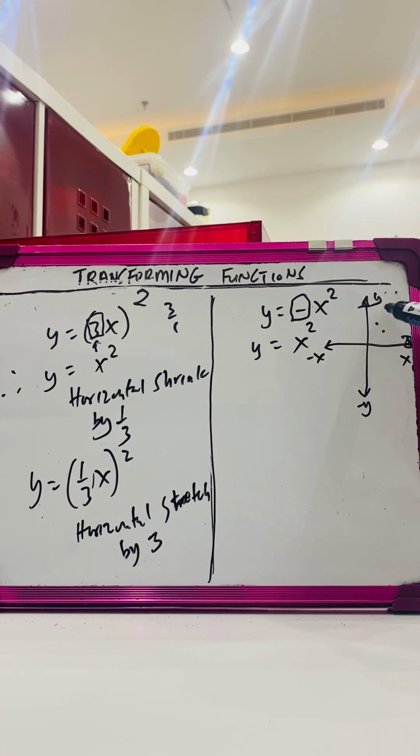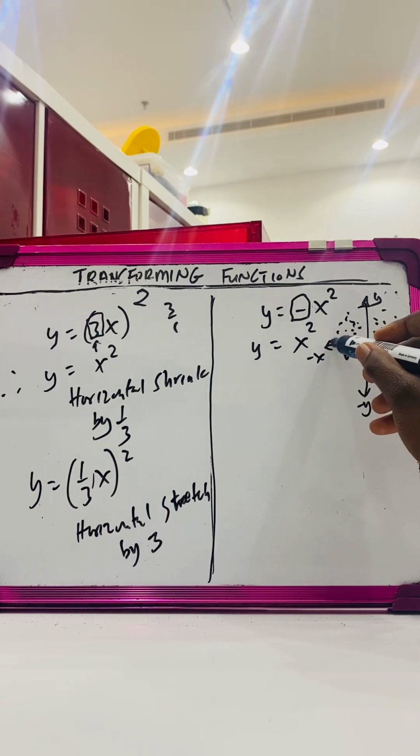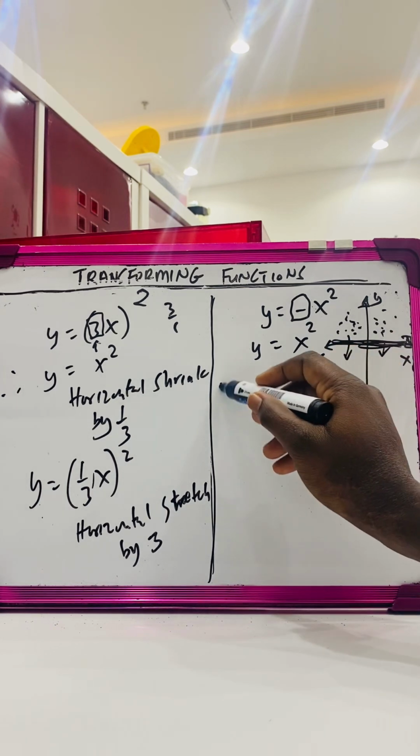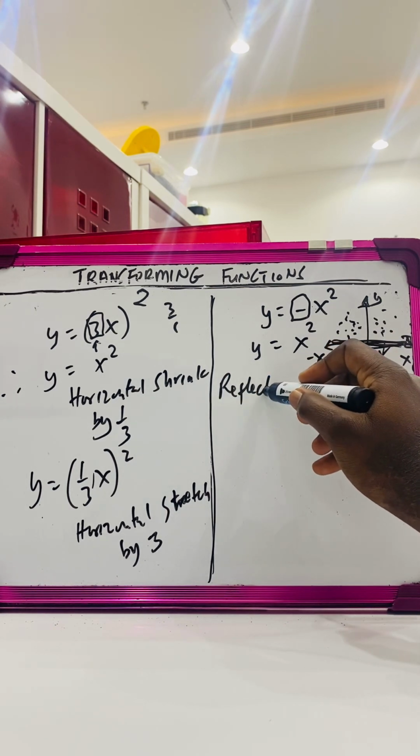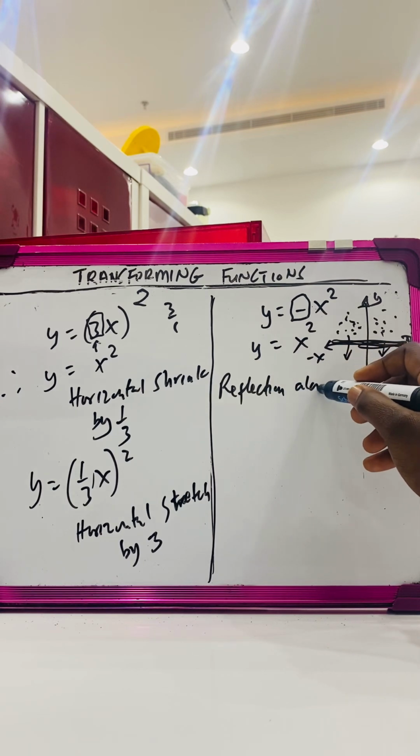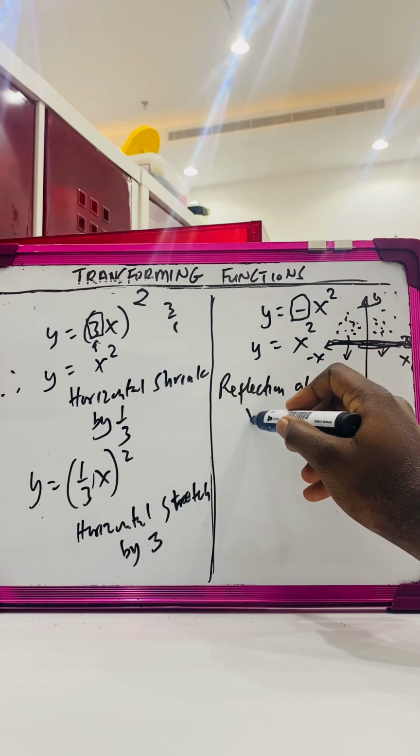So if I have all y values here positive, and now they are going to turn negative, what this means is, yes, there has been a reflection along the x-axis.